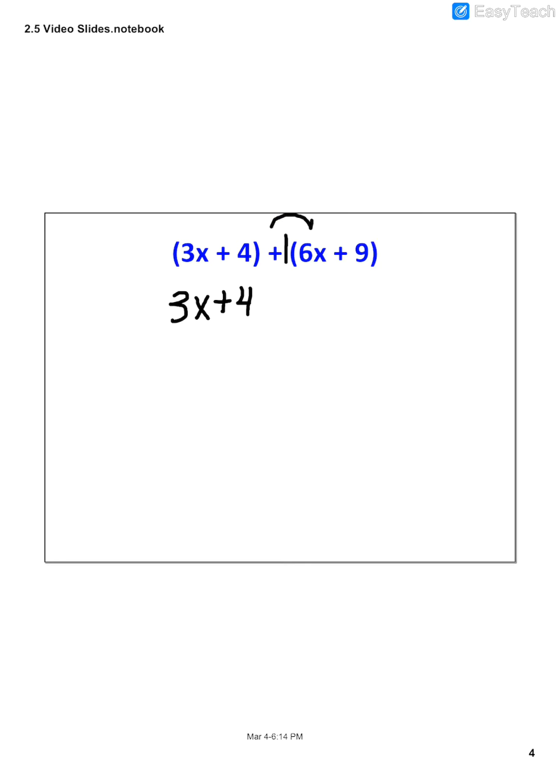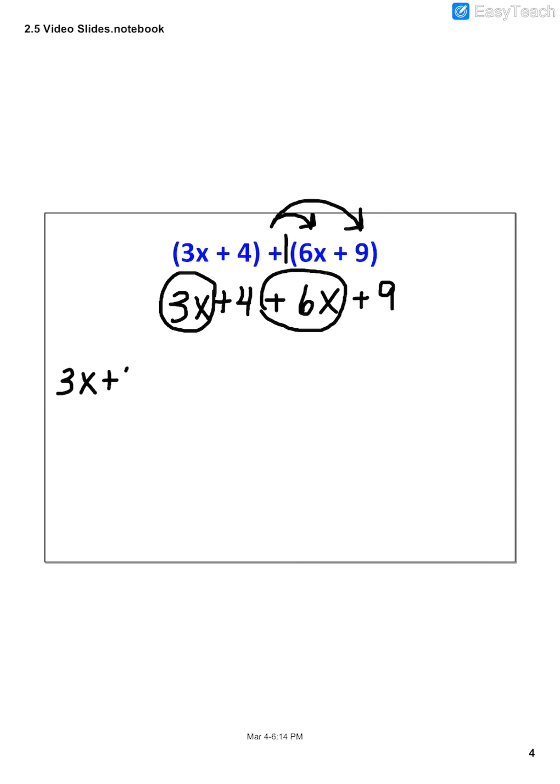I'm going to distribute out a positive 1. 1 times 6x is a positive 6x. 1 times a positive 9 is a positive 9. Now I'm going to use the shape method to combine like terms. 3x, and I keep the sign in front of the number. So I write on the side 3x plus 6x, which equals 9x.